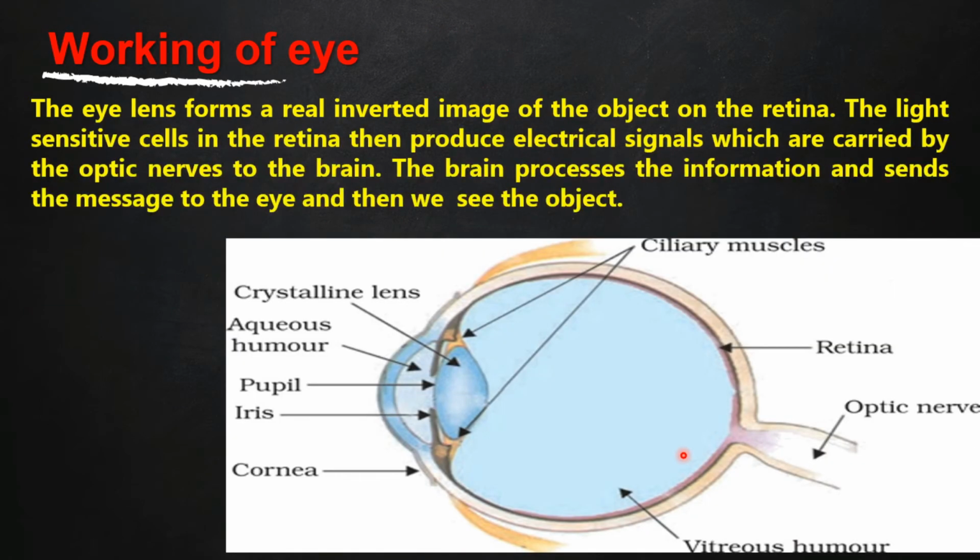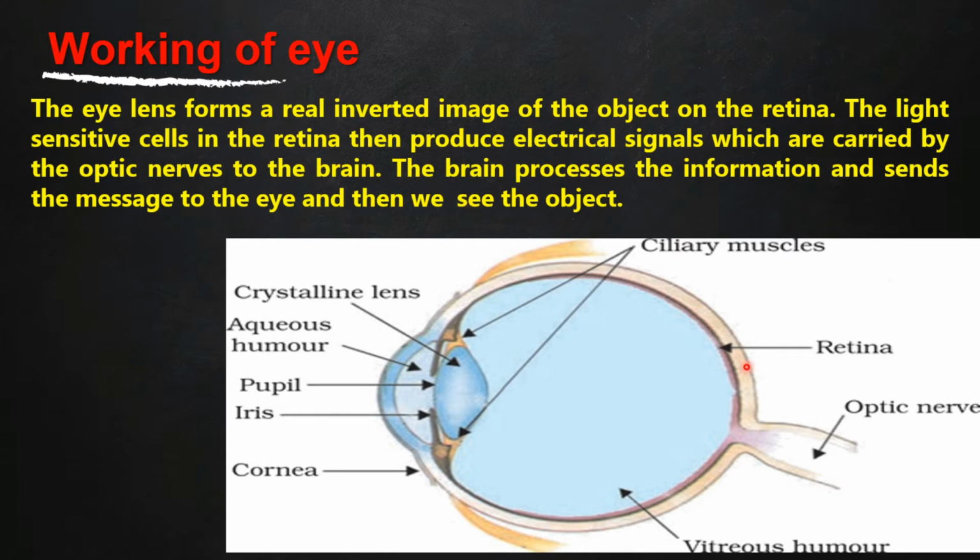Now let us see the working of eye. The eye lens forms a real inverted image of object on the retina. The light sensitive cells on the retina then produce electrical signals which are carried by the optic nerves to the brain. The brain processes the information and sends the message to the eye, and then we see the object.